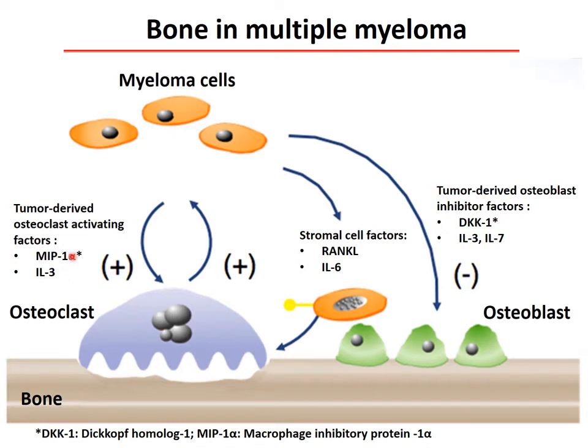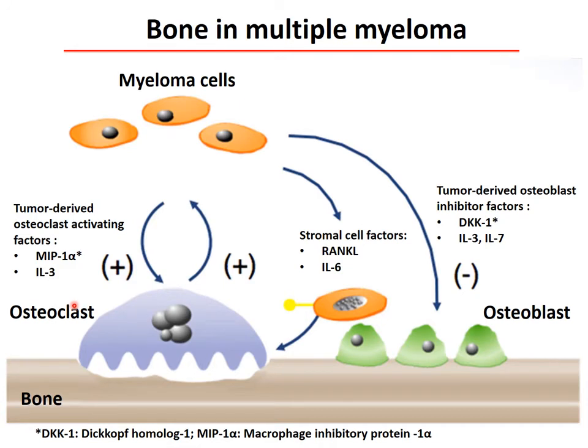So one, we have a system that is going to activate or increase the proliferation of this protein. In return, this osteoclast gives anti-apoptotic factors to the plasma cells.